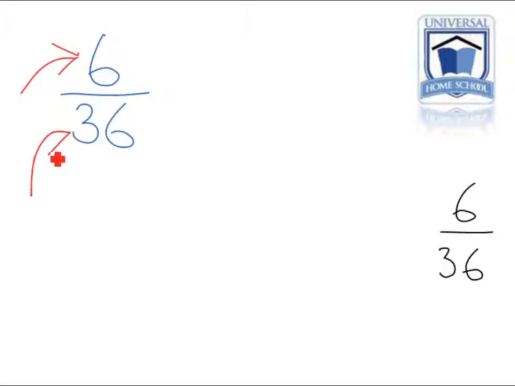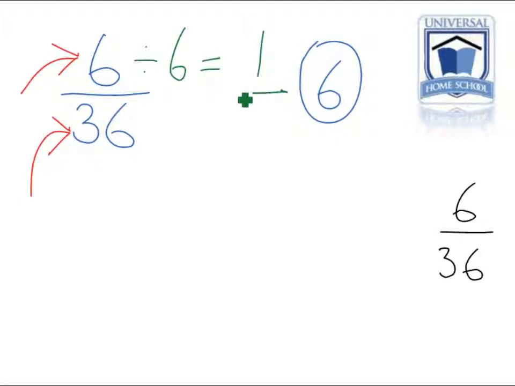There's one number, and that is 6. 6 can be divided equally into 6, and 6 can be divided equally into 36, giving us a whole number. So 6 divided by 6 equals 1, and 36 divided by 6 equals 6.